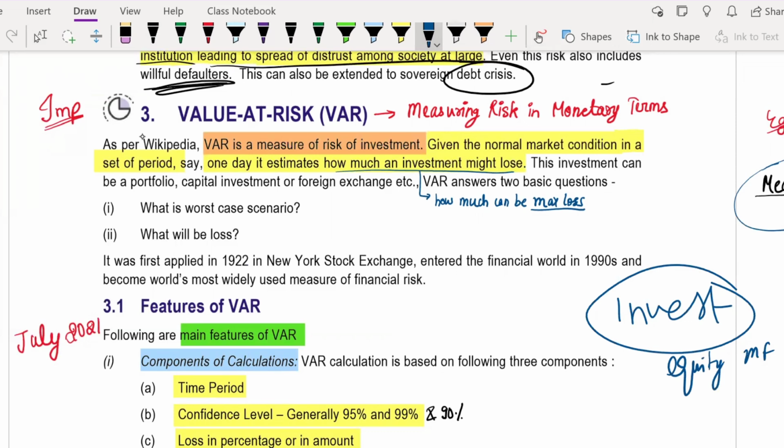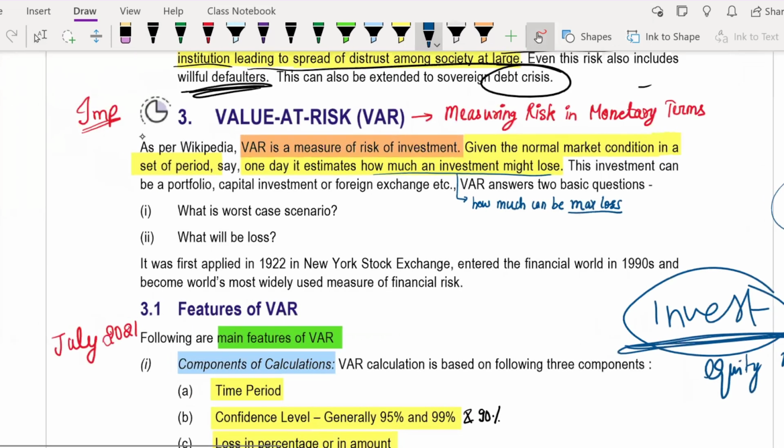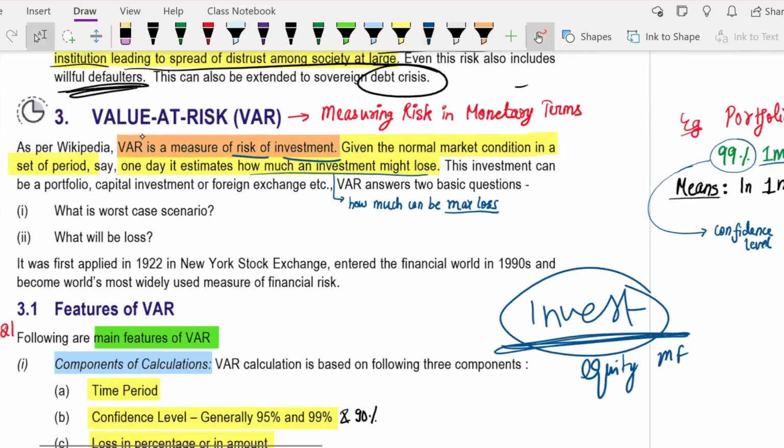So wherever you invest, you are going to have a risk. Measuring this risk of investment is what is known as value at risk. It is basically nothing but measuring your risk in monetary terms. In rupee terms, how much risk you are going to face on your investment is value at risk.